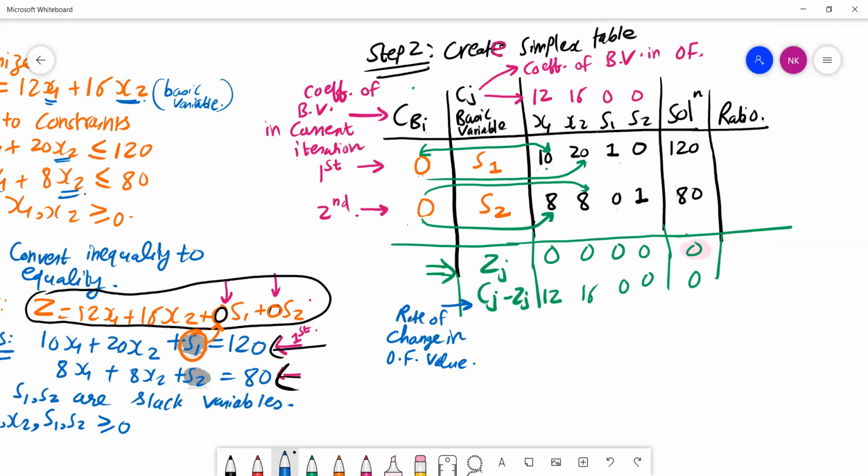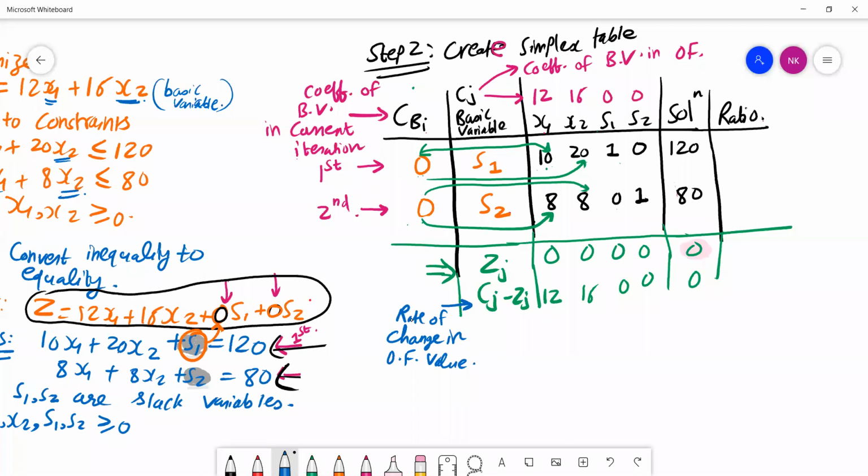That means you are saying that, okay, with this particular solution where I am taking 0 units of S1 and 0 units of S2, I am getting my solution value as 0. Now, Cj minus Zj says that you are still having the chance to maximize your profit.